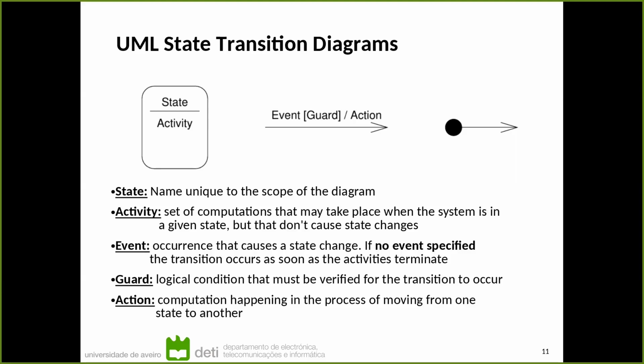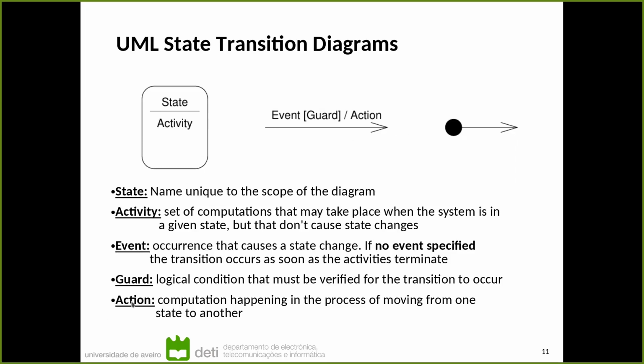And then here in the UML transition diagrams, I have two other things that do not occur in other representations of state machines. Associated to the event, I have a guard, which is a logical condition that must be true for the transition to occur.